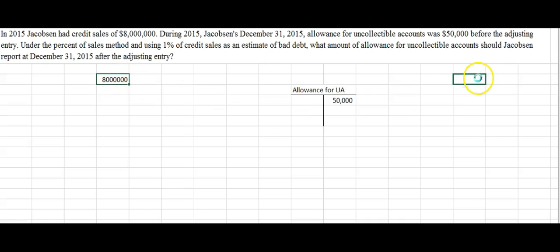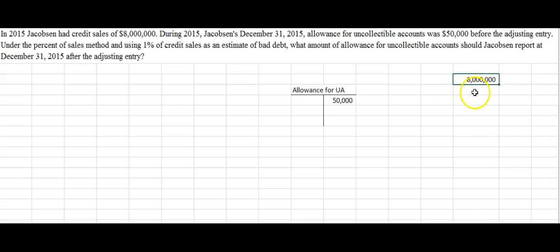Let me do this over here. I sold $8 million, and I want to add 1% of this to my balance over here. So that's very easy, right? 8 million times 1% is $80,000. That's what I'm going to add over here.